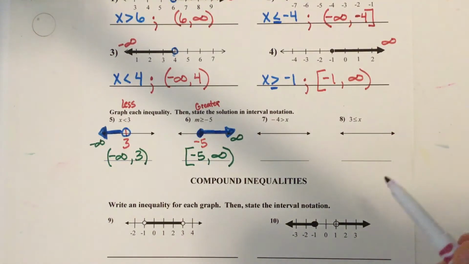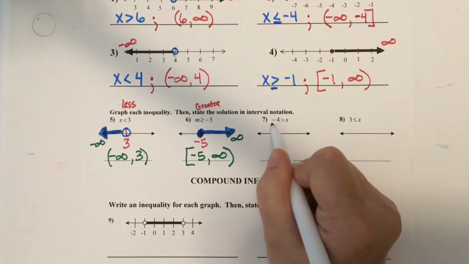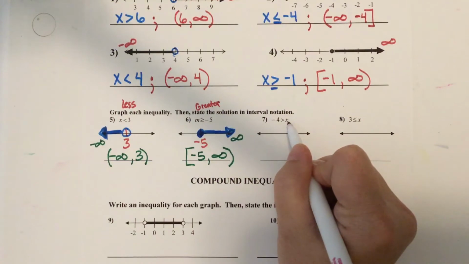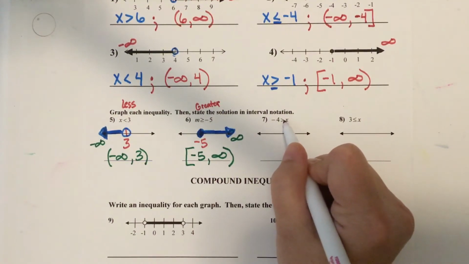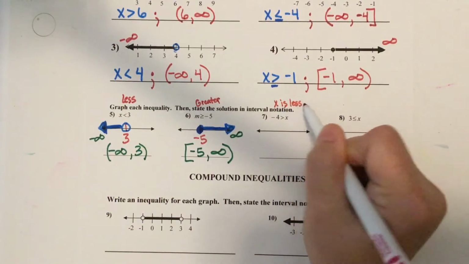Okay, now this next one might be a little bit harder. You always read from the variable. I know you're going to want to read from left to right, but you always read from the variable. So see how the pointed end is facing it? If the pointed end faces the variable, it says x is less.